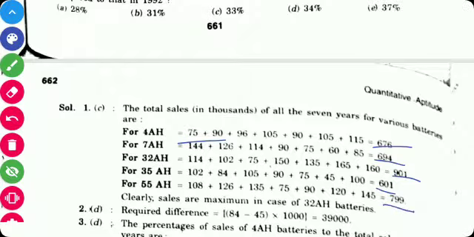Clearly by observing these figures, 901 is greater, which means the sale of the battery is maximum in the case of 32AH. Okay, so this is the first example.